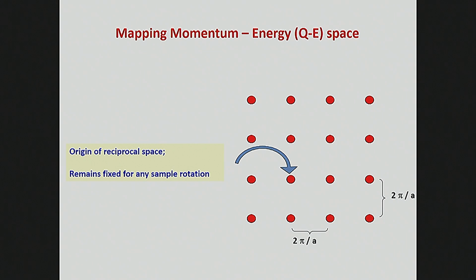So if we were to rotate our sample about some axis, the way we think about this is that we keep one point in reciprocal space fixed, and we rotate everything else about it. So this is how we're going to think about our crystal that has some unit cell parameter A, and then we're going to superpose on that how we think about the scattering experiment.